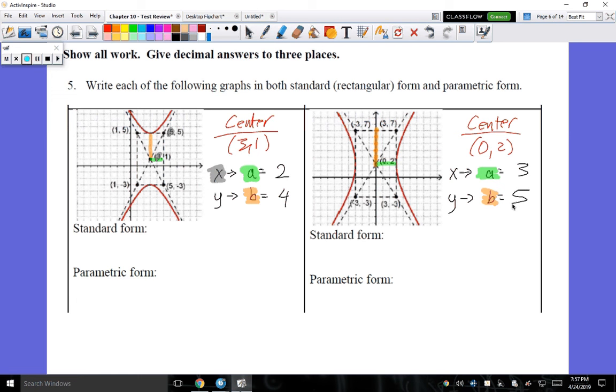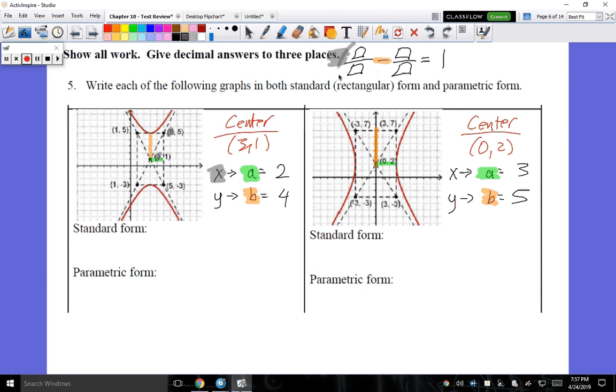Now, because the standard form of this equation is a fraction subtracting a fraction instead of adding like the ellipse was, whatever is positive, because that one's positive, this one over here is negative. So this first piece, the one that's positive, is going to tell us what direction it is looking.